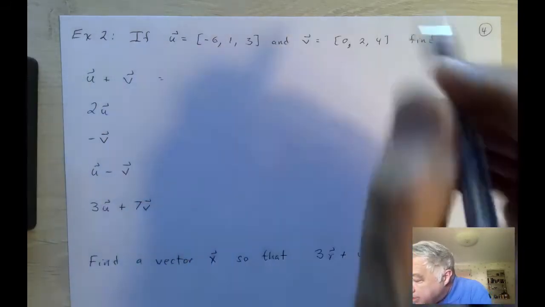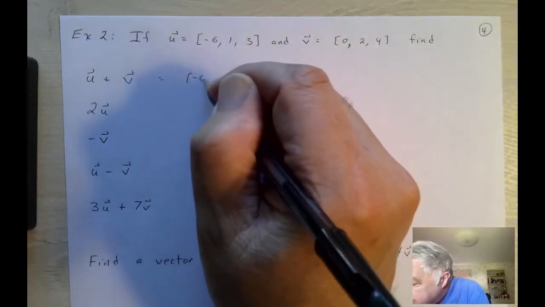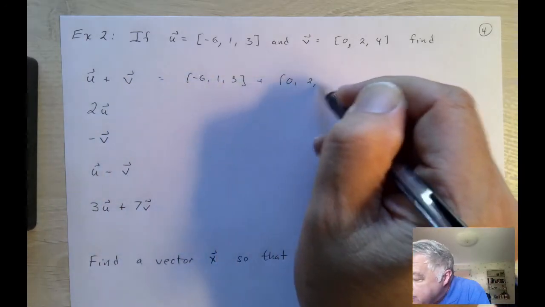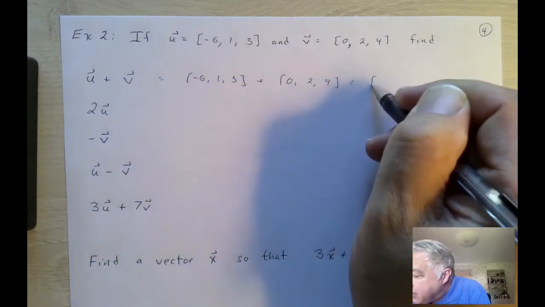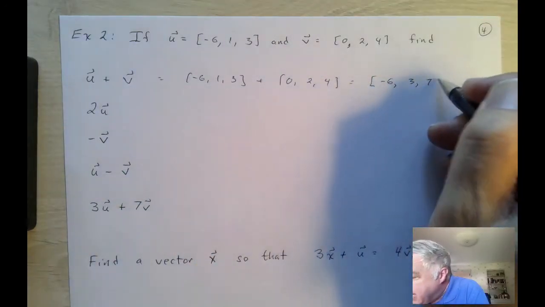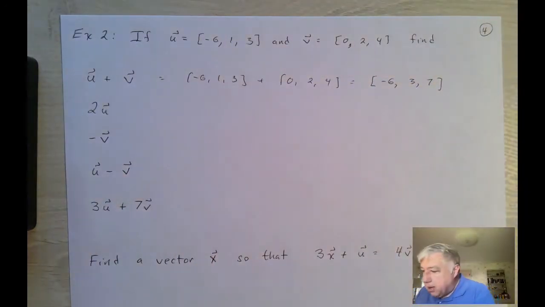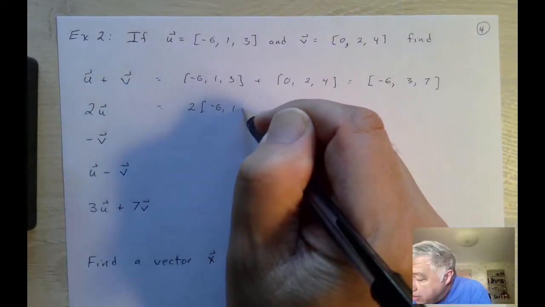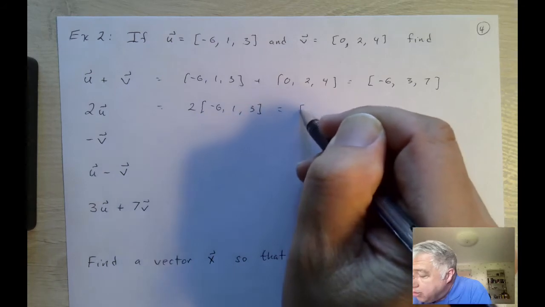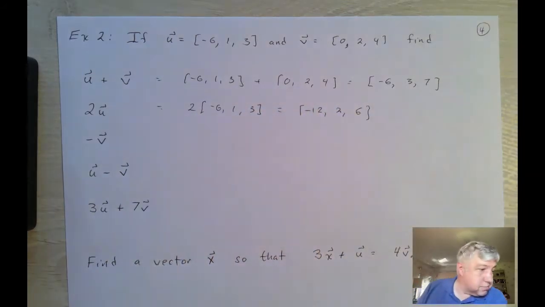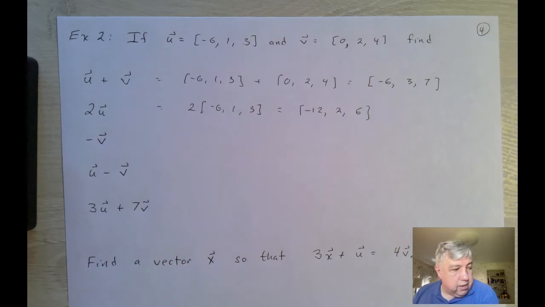u plus v would be negative 6, 1, 3 plus 0, 2, 4, and I think this is negative 6, 3, 7. 2 times u would be negative 12, 2, 6.